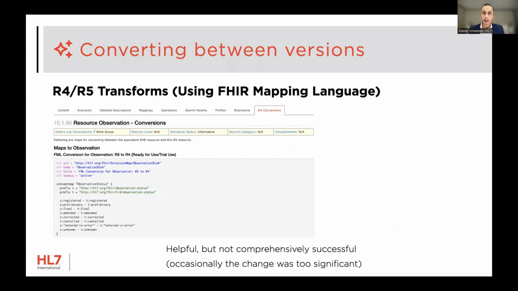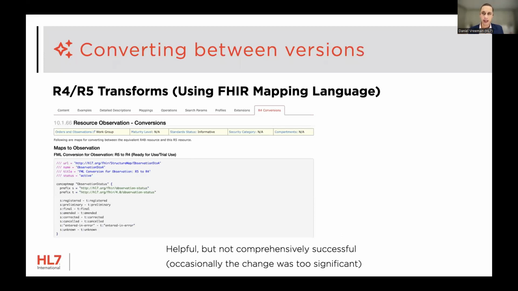Like in each FHIR release, there is a mechanism for describing how to translate or transform from a prior release to the current release. And these are described in a language that's called FHIR mapping language. And so for each resource type, you can look for this tab on the page that says R4 conversions, and it will show you the computable structure for how to migrate data from the prior version to the new version.